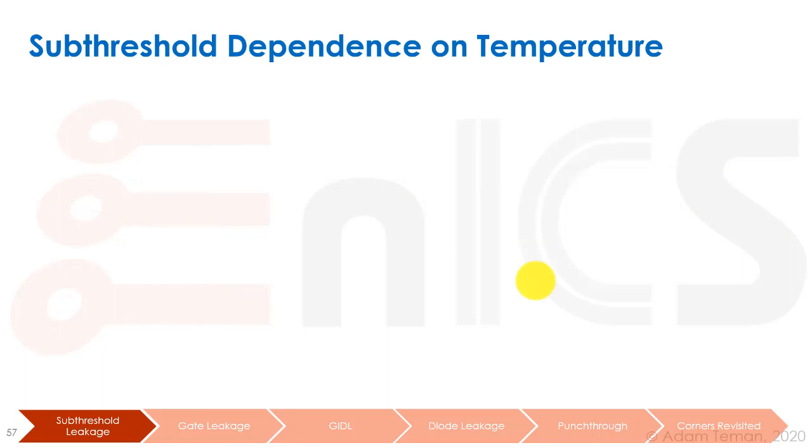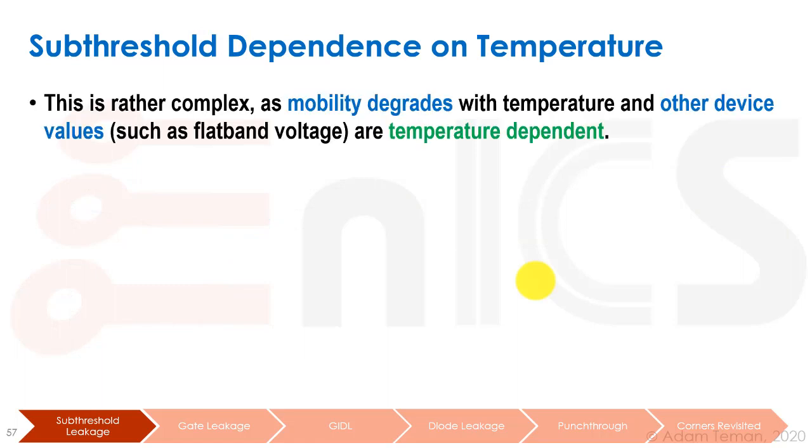So what about subthreshold dependence on temperature? It's actually quite complex. So remember that as temperature goes up, mobility degrades. What we said happens is that we want to have ballistic movement of our electron across the channel, but then we have these atoms all over the place inside the channel, and the atoms move, and the amount of energy they have makes them move more.